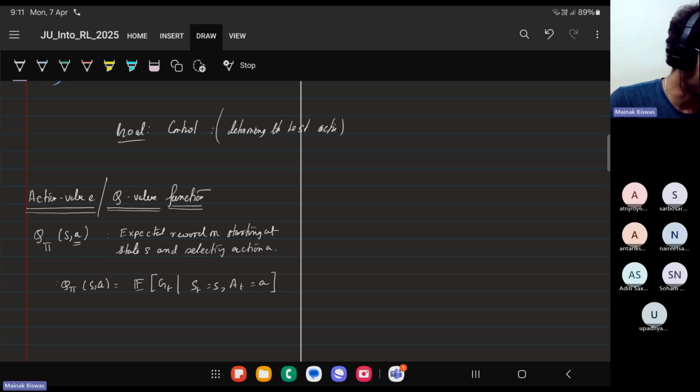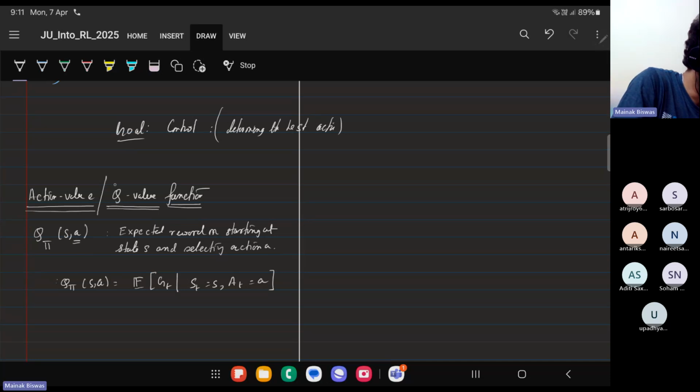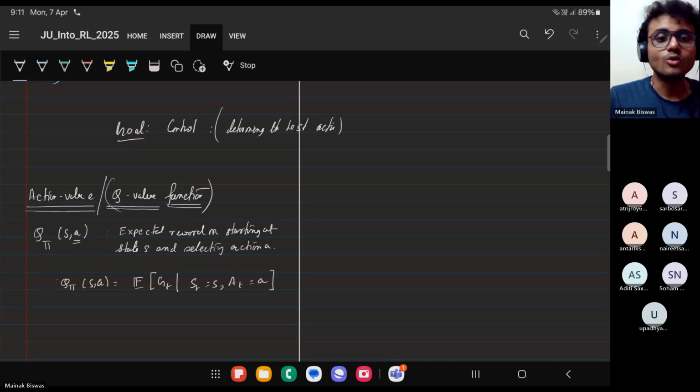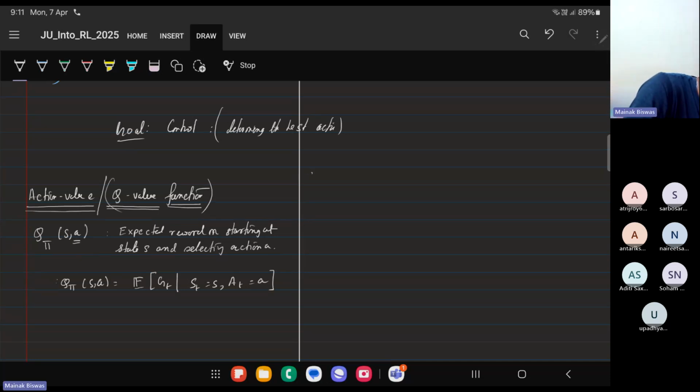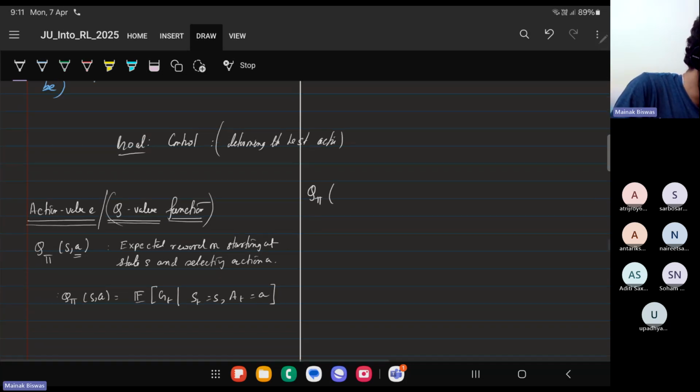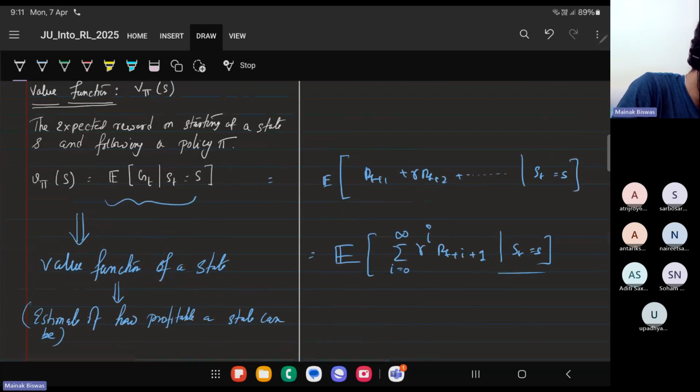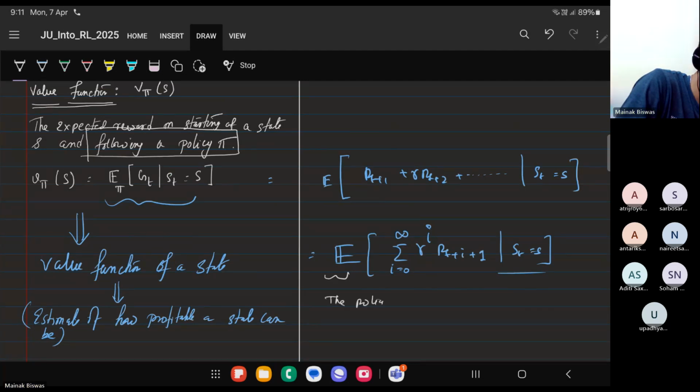So what people end up doing is they define what is called an action value function, or a Q function. Q value function, which defines two things, Q pi. So again, all this here is based on a policy pi. Remember that the policy is fixed here.